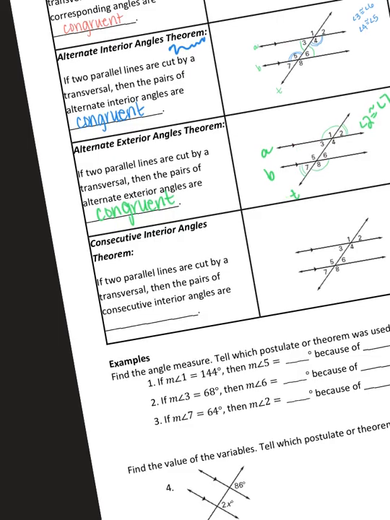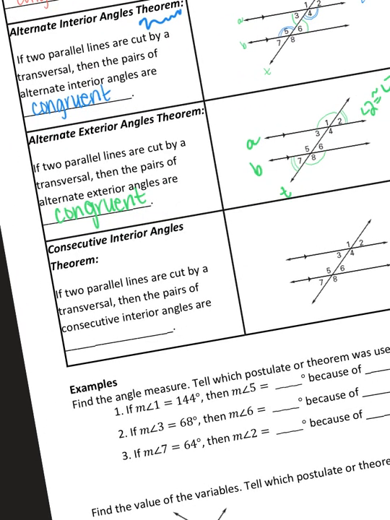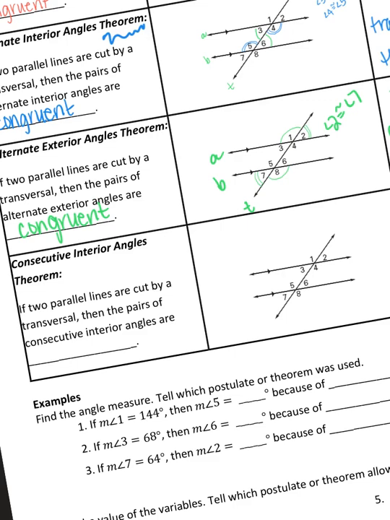The last angle pair that we have to discuss are the consecutive interior angles. So let's look at consecutive interior angles. So angle 3, which appears to be acute, and angle 5, which appears to be obtuse, are consecutive interior angles. They're between the two parallel lines A and B and cut by this transversal T, okay? And they're on the same side of the transversal.